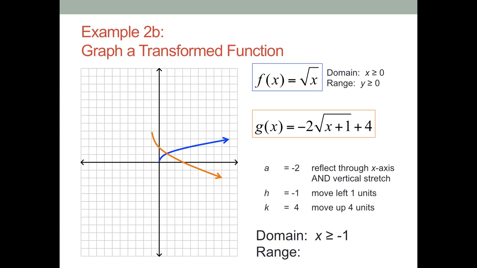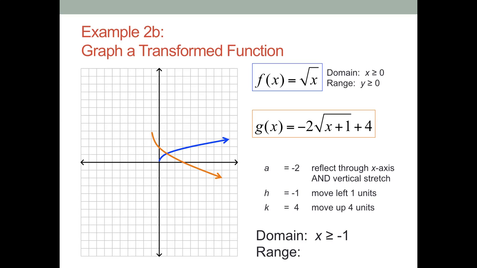Similarly with my range, in the parent it is usually y is greater than or equal to 0. Well, now I have done two things that are going to affect that. I have used a k value that has moved that up, so now we're going to be comparing to 4 instead of to 0, but I've also had a negative a value that has reflected my graph.